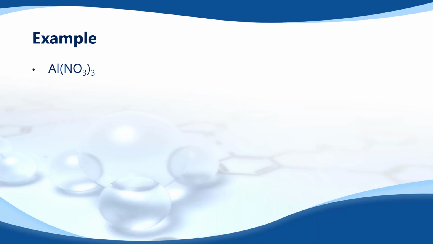So we'll do an example of this. The salt we'll work with is aluminum nitrate. What we're going to have to do is write the reverse replacement reaction. I'm going to start off with AlNO3 as one of my two products, and my other product is going to be water, which I'm going to write as HOH, just to make the replacement a little bit easier. Undoing a replacement is the same as doing it in the first place, so we're going to do outer two and inner two.